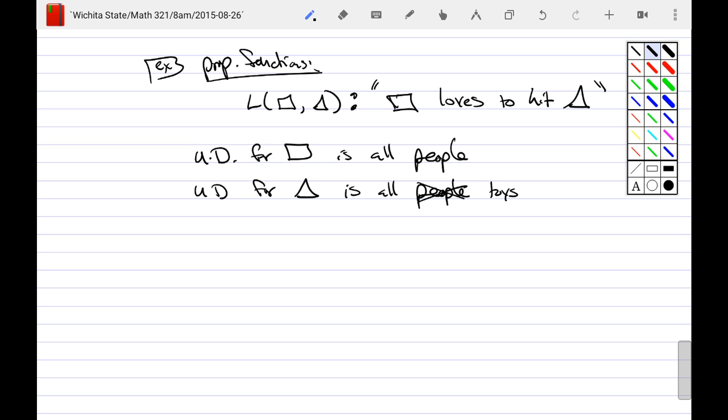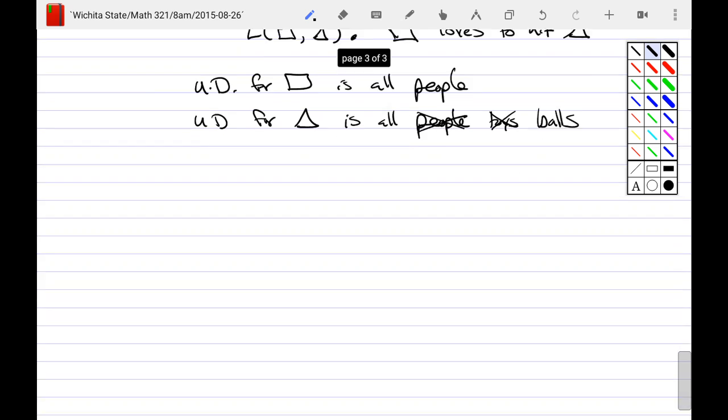Pretty natural. Balls, baseball, volleyball, whatever. But for a lot of these, if they don't tell you what it is, you kind of scratch your head and say, what should I pick that's natural? If you pick something rather non-natural, it really gets difficult to narrow it down. So a good choice of domain can make your life easier as you do these sorts of problems.